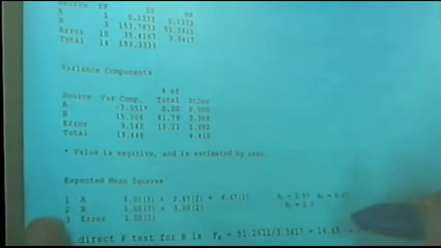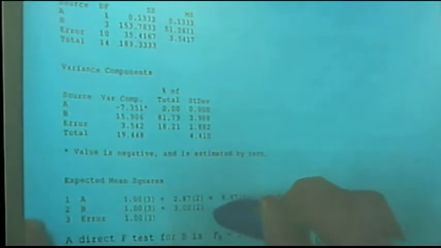So you can see I'm trying to calculate A1, A2, B1 here, and I got those numbers, and they're matching up with what I'm seeing in the expected mean square here, which is good.